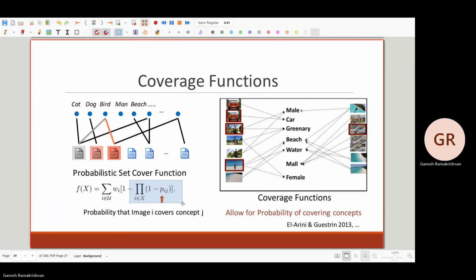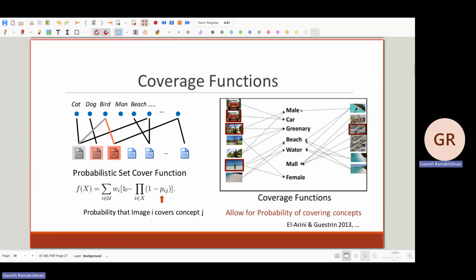So I have a product over all the i's of the probability that none of the images cover concept j. It's a product over i, so 1 minus Pij is the probability that image i does not cover that concept j, right?